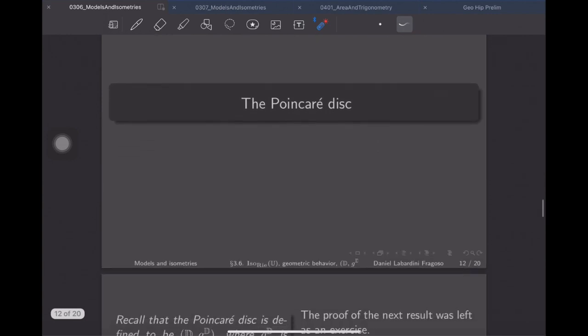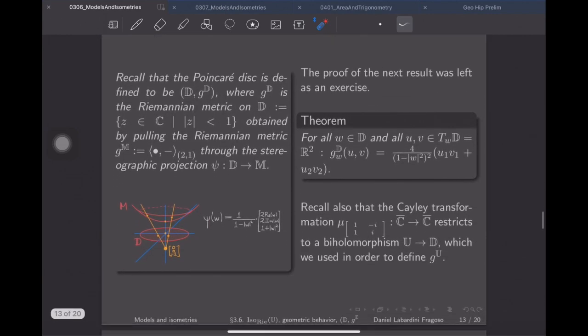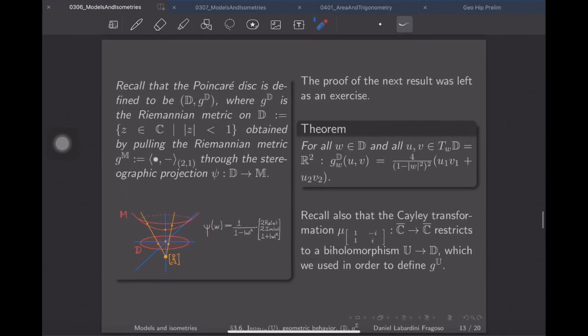Okay, and now let me say a bit about the Poincaré disk. In the Poincaré disk, I just recalled how one gives the Riemannian metric for the Poincaré disk by pulling the Riemannian metric of the hyperboloid through stereographic projection.